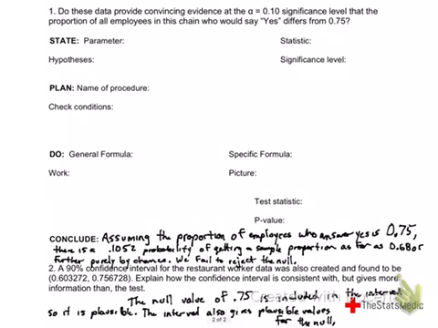So 0.75 is plausible, but we can start guessing that something like 0.85 is not. And of course, the way we could hone in on this more is if we did more random samples and got more confidence intervals, and we could hone in on what that true proportion might be.